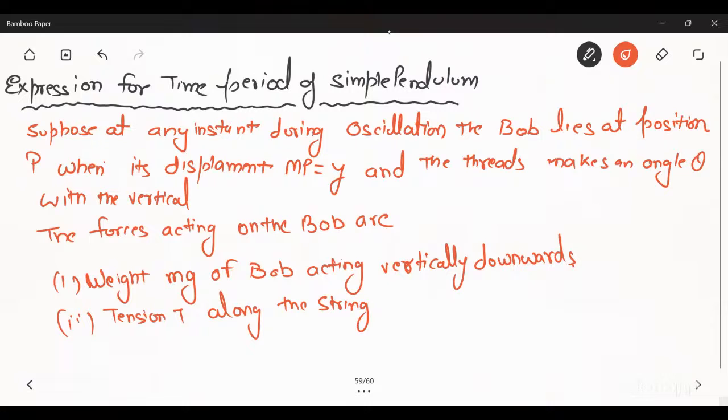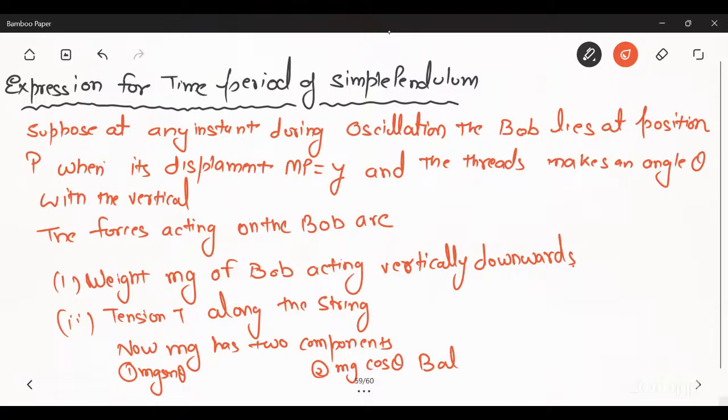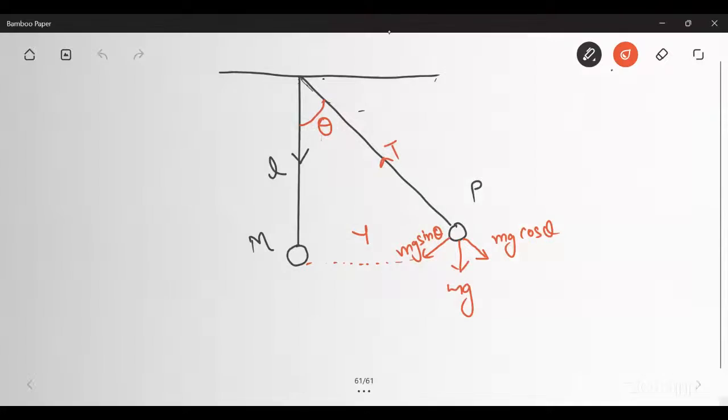Now mg has two components. First is mg sin theta, second is mg cos theta, which is balanced by T. So T balances mg cos theta.